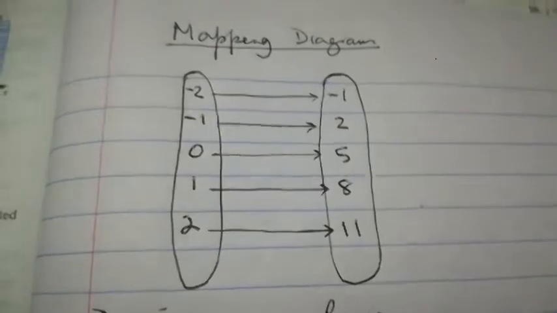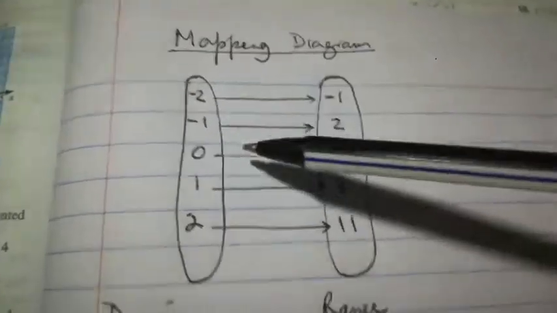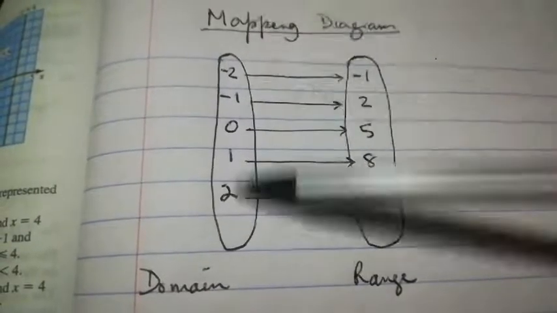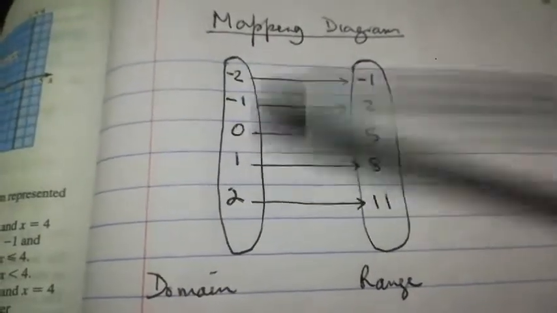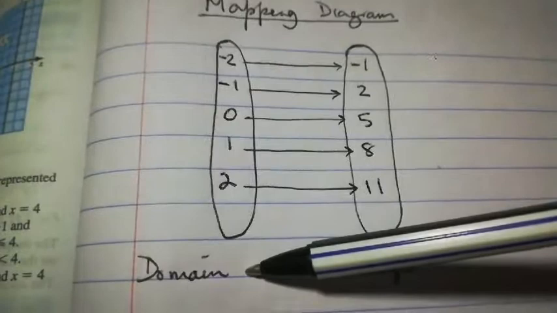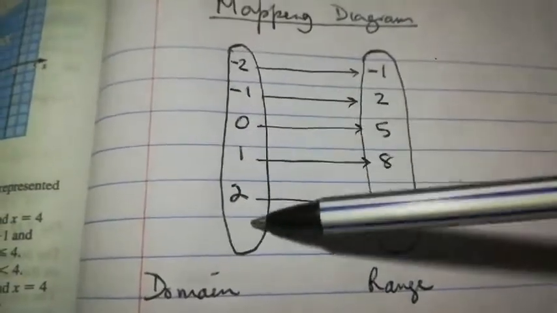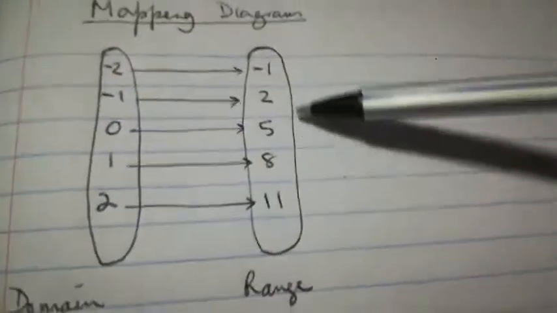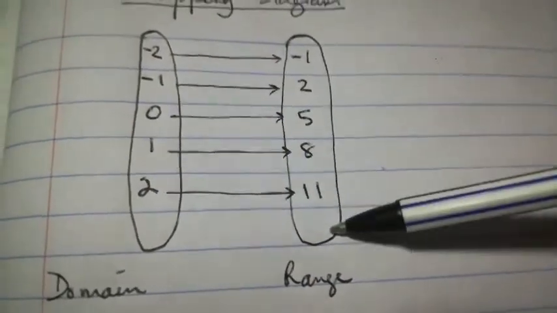Okay, as you can see in the mapping diagram, the elements in the left diagram are called the domain. These are all the x values: -2, -1, 0, 1, and 2. And over here we have the range.